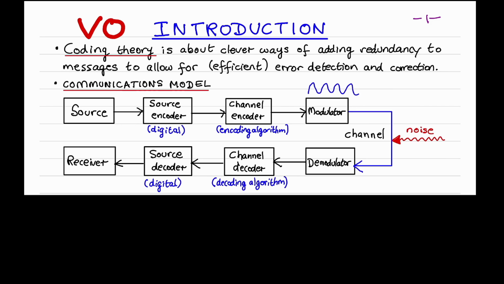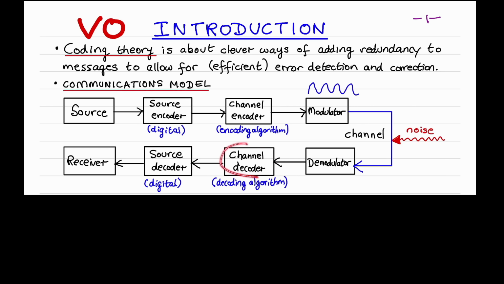Now the analog data is transmitted over the communications channel, for example, the air, or maybe a wire, which could be subject to noise. So what's received is possibly noisy analog data. The demodulator interprets the waves as being peaks or valleys, and so converts the analog data to digital data, which is passed on to the channel decoder.